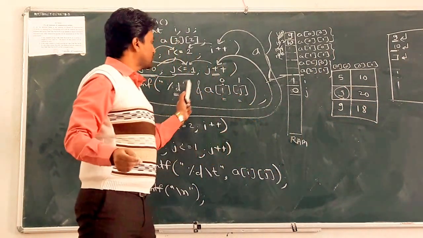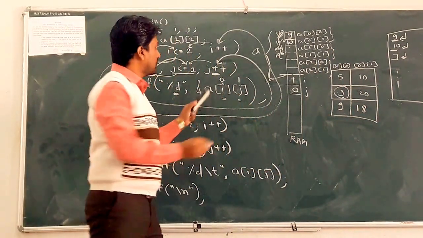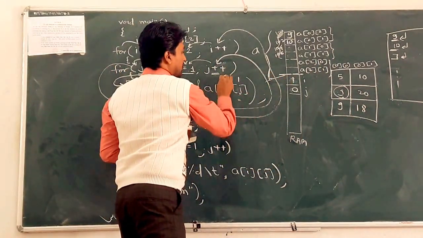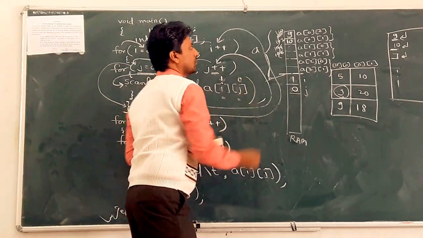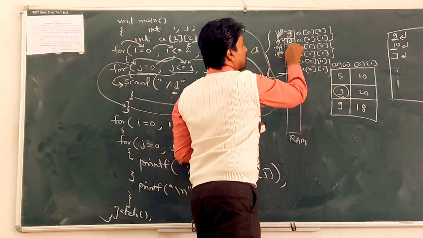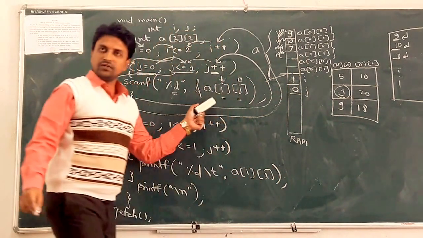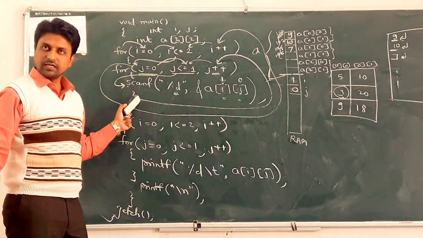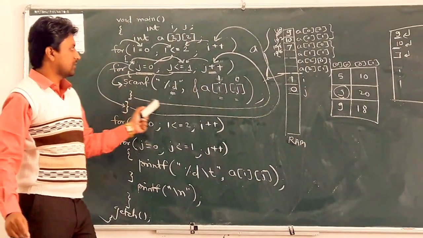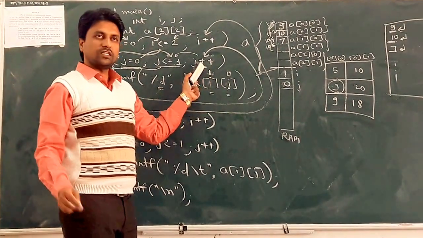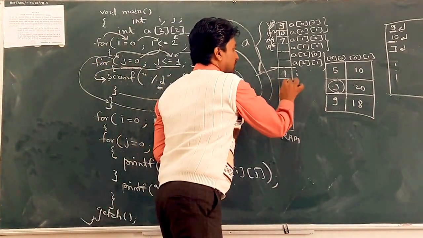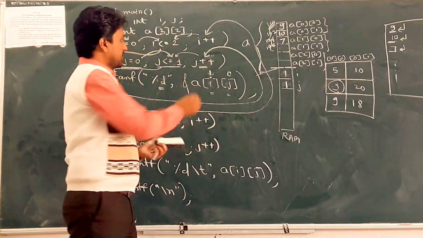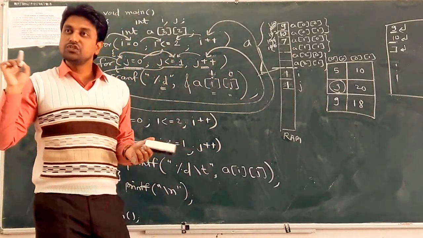Then that 7 value is stored at the address of A of 1, 0. So 7 is stored at 1, 0. Next the inner curly bracket is over, so the cursor goes to j plus plus. Now j becomes 1. Then 1 less than or equal to 1, condition true.